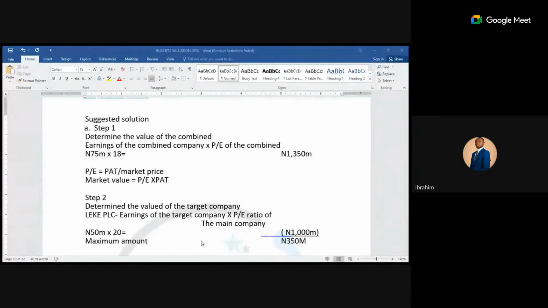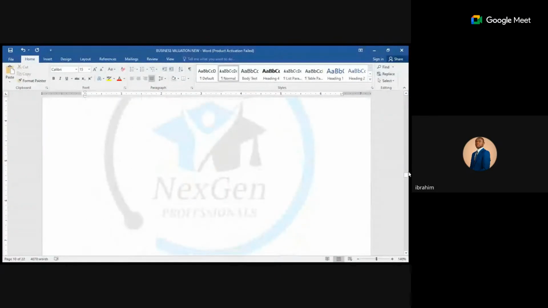But we're given the earnings of the combined company times the PE ratio. That is why we have the market value of the combined company. So what you need to do is remove the market value of the main company. When you remove it, you have the maximum amount that you can pay for Lekki PLC.